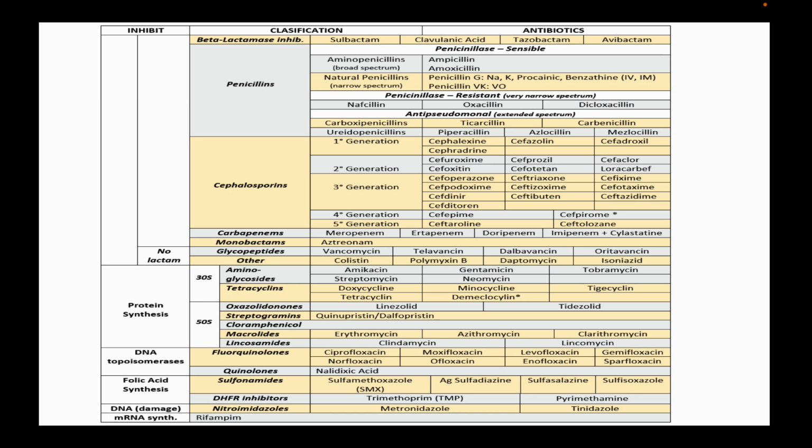These are also very robust. So in protein synthesis inhibitors, the inhibition could be either binding to the 30S unit of the ribosome or the 50S unit of the ribosome. Okay.